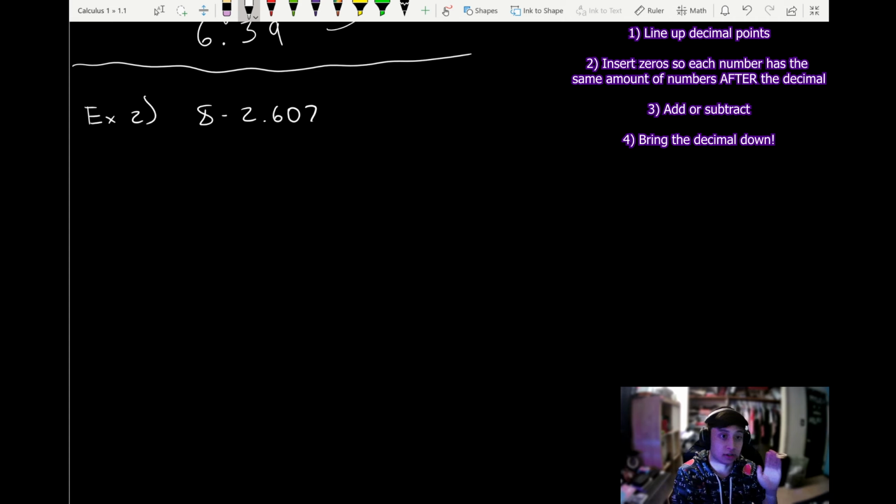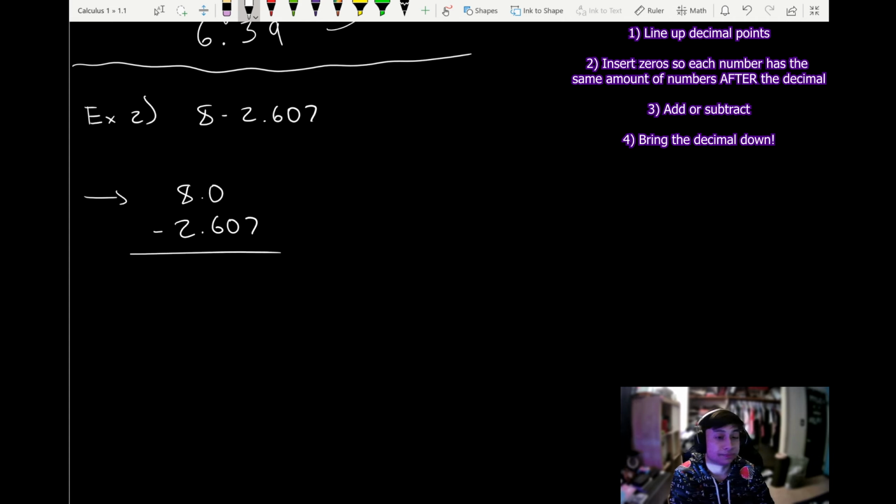Okay, so step one, look on the corner. We line up the decimals, right? So we have 8.0, right? That's still 8. And we have 2.607. Subtract. And again, step two basically says add zeros to the numbers so that they're all the same length, right?